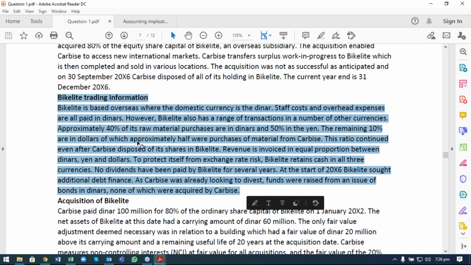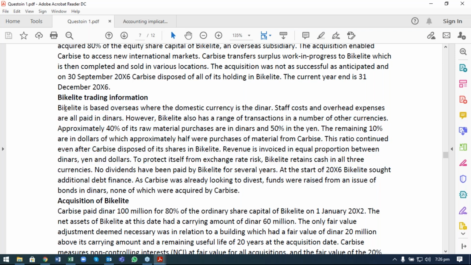So how can we identify? First we'll be looking into the primary factors that are impacting the currency of Bakelite. Bakelite is an overseas subsidiary which has a domestic currency of dinar, so the primary economic environment currency of Bakelite, the foreign subsidiary, is dinar. This is the first factor.